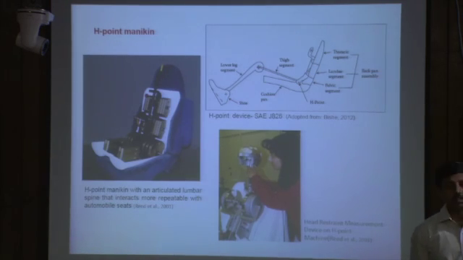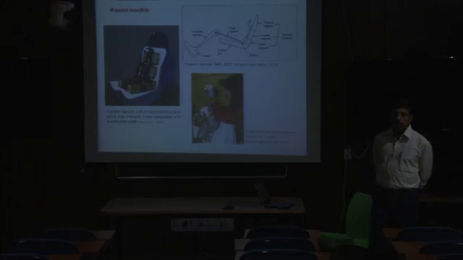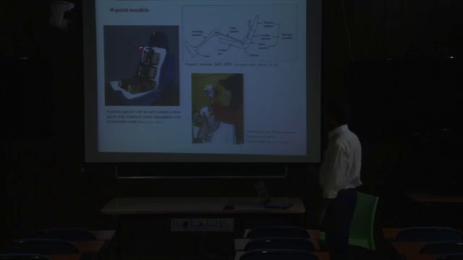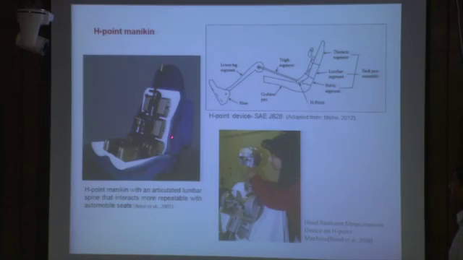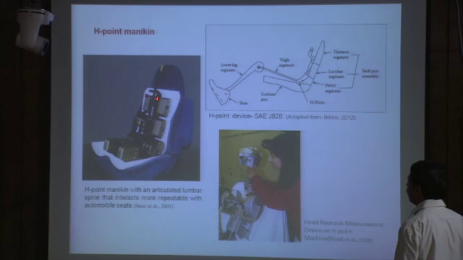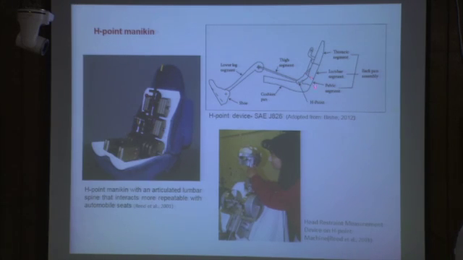For the automotive industry, for positioning or defining this H point, an H point machine or H point mannequin is available. This is the 2D template where you can see the H point device as per the SAE J826 standard.